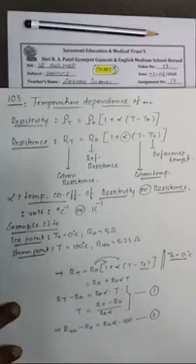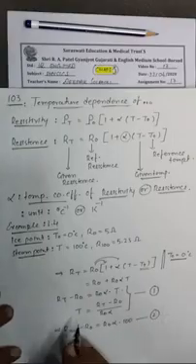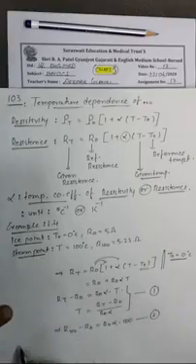Okay, check out equation number 1 and 2. Now you have to take the ratio, equation number 1 by 2.